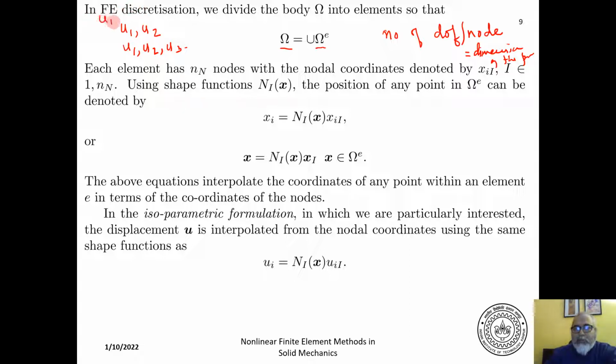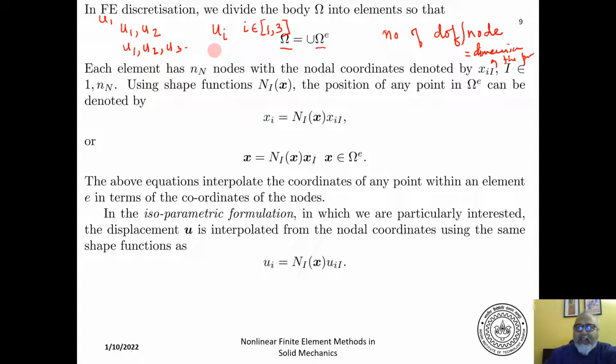In a one-dimensional problem, only u1 exists. So this is the case in most problems in solid mechanics, and we denote the displacement in tensor notation. We denote it by ui, where i goes from 1 to 3.